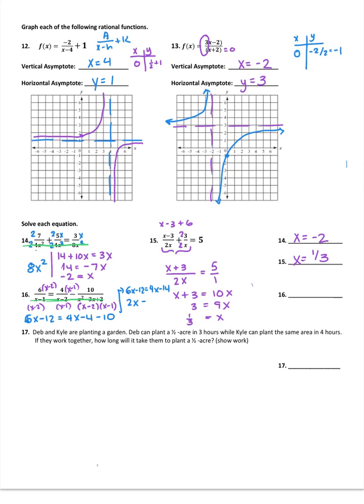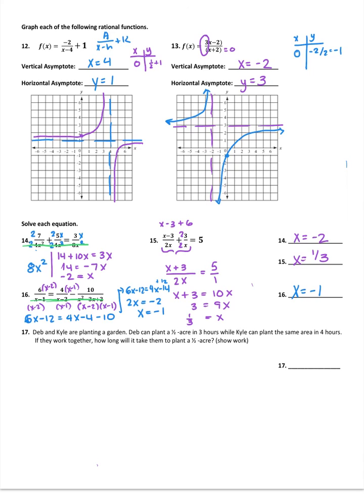So 2x is going to equal, if I add 12 to this side, I still have a negative 2. So x equals negative 1, which is lucky, because if it was 1, I'd have to throw it out. So x equals negative 1, and that's an okay answer.